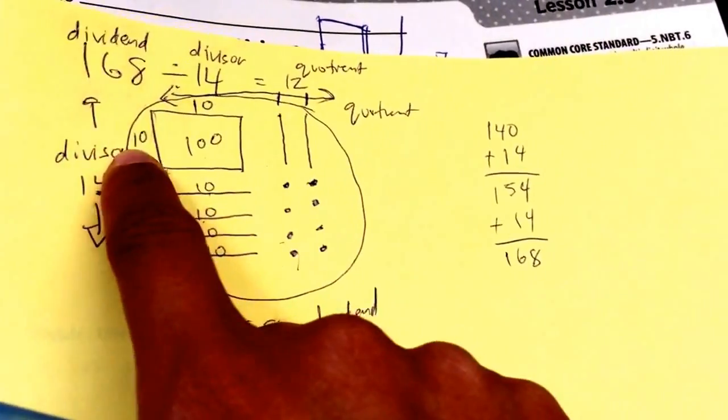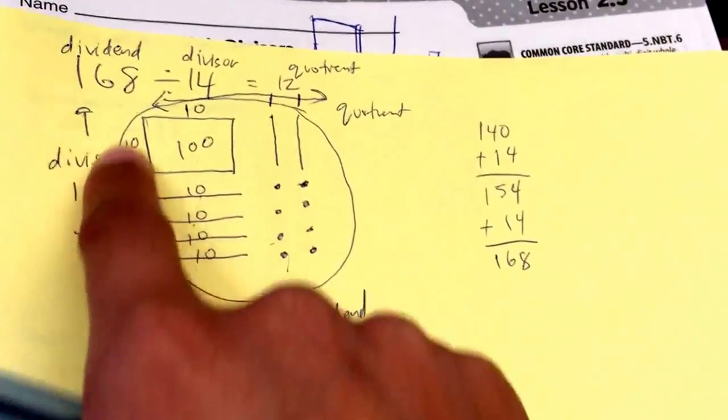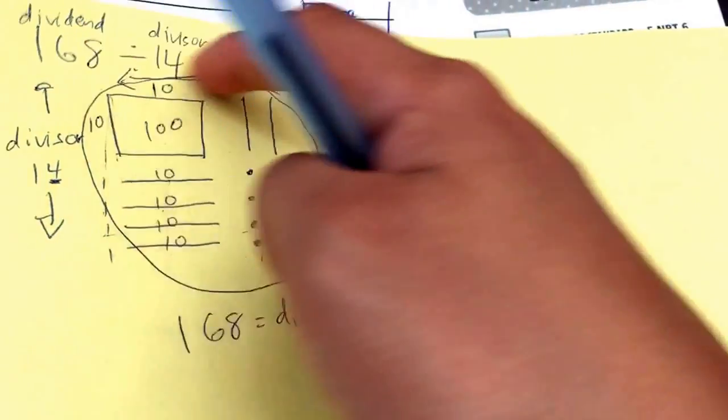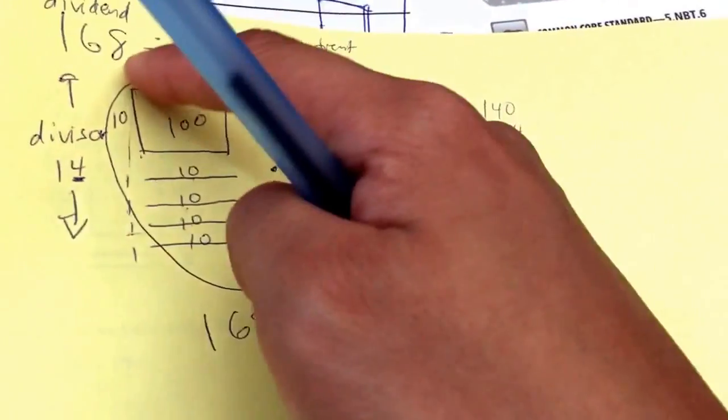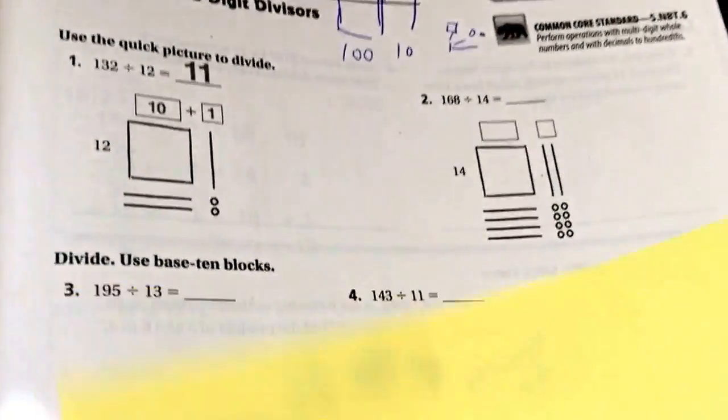The divisor is how many rows are going up and down. And then the quotient is how many columns are going left to right. 10, 11, 12.